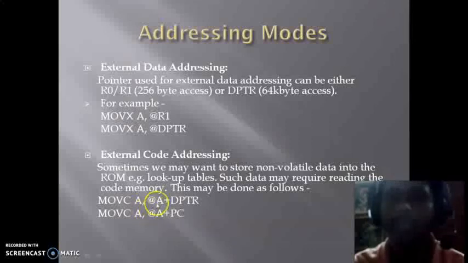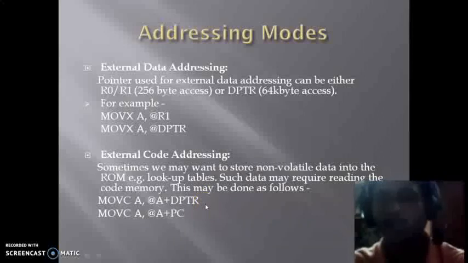MOVC A, @A+DPTR, that is the program memory, and the data stored in this program memory will be stored into the accumulator. And MOVC A, @A+PC, that is also program memory, and the data stored in the address created by A plus PC will be stored into the accumulator. So this is the external code addressing.